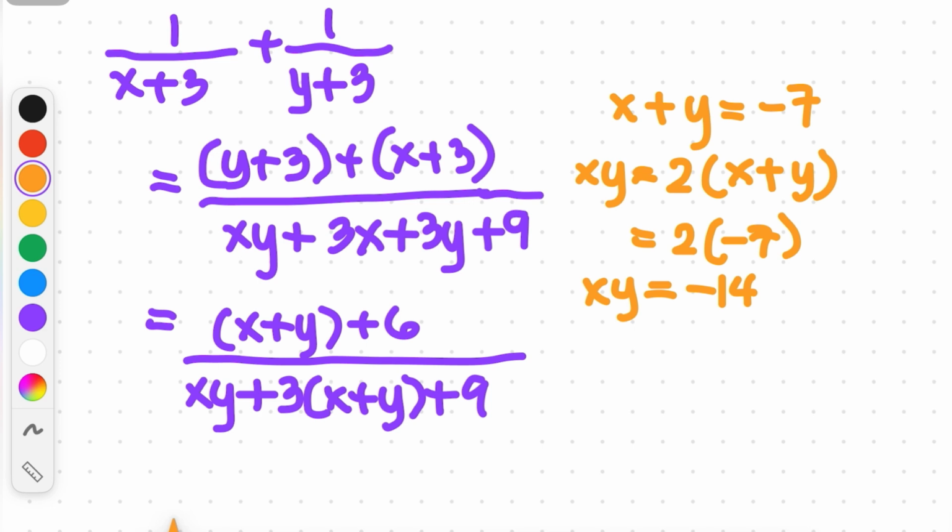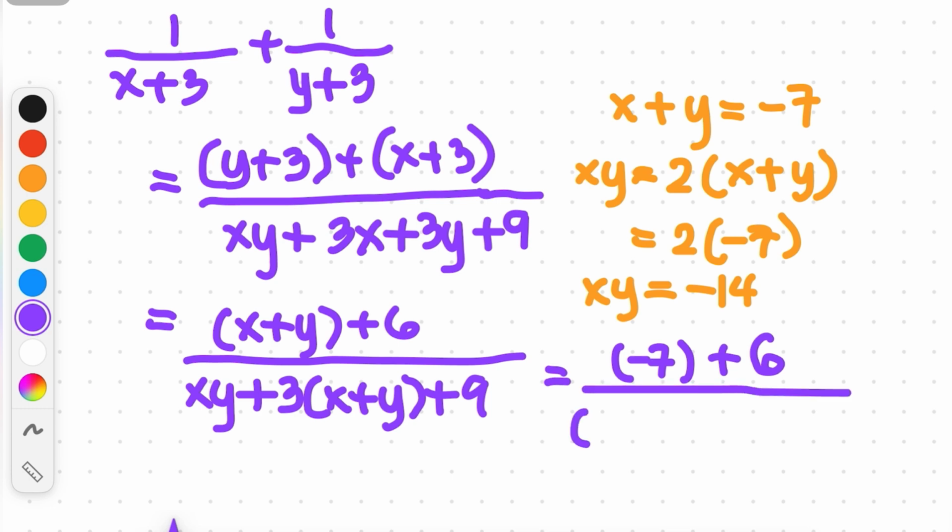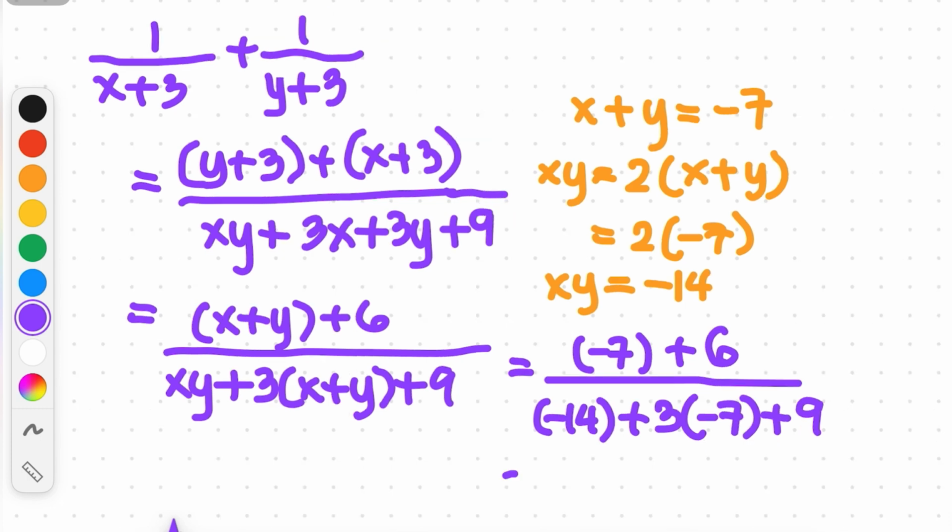And now, evaluating the required expression is a simple matter of plugging in those values. That gives us negative 7 plus 6 over negative 14 plus 3 times negative 7 plus 9, which simplifies to 1 over 26, the required value.